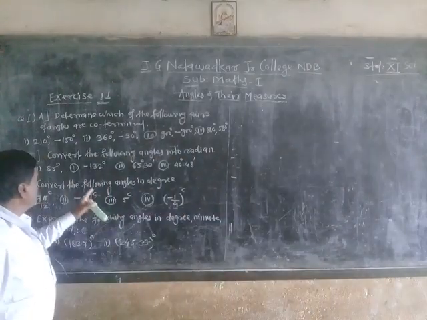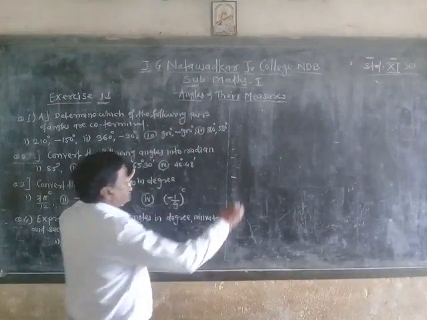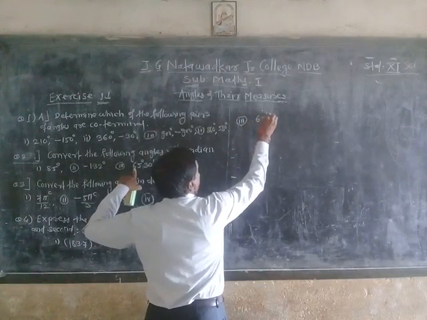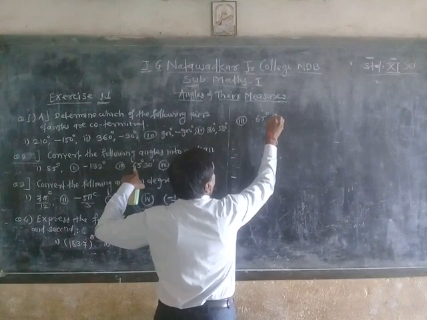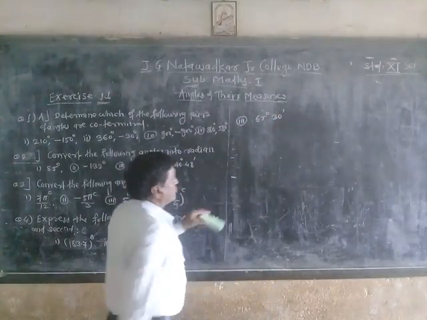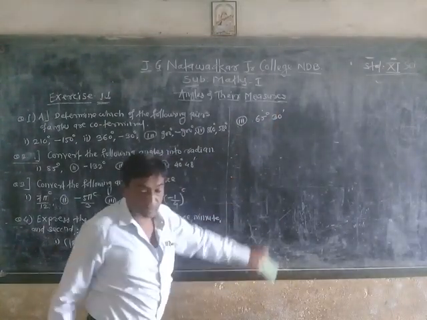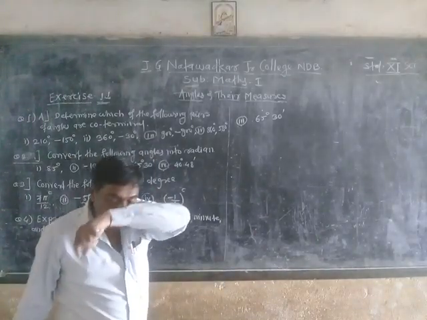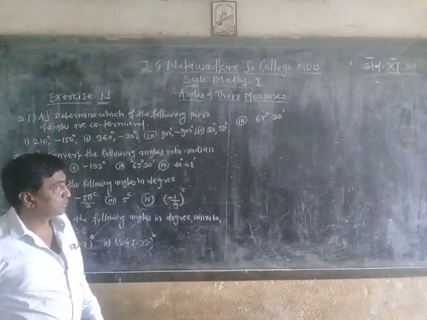Okay, after this we see the next example, the third example, given here: 65 degrees and 30 minutes. So here some units are given, and now convert this degree and minute measure into radian measure.